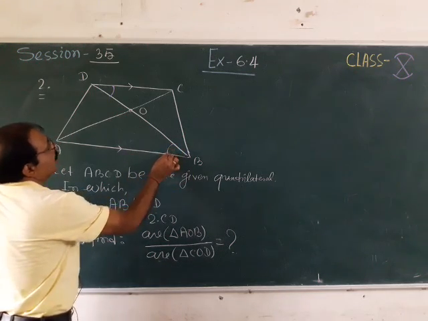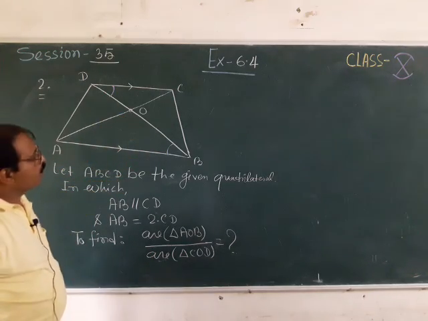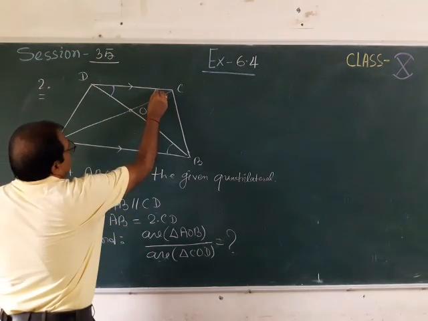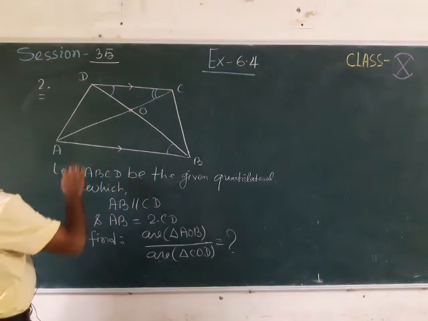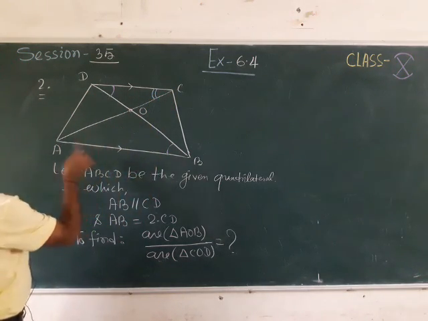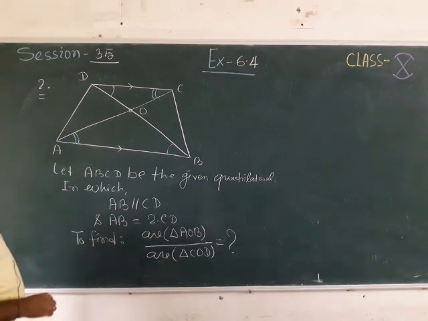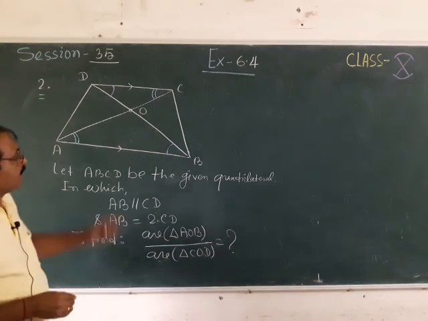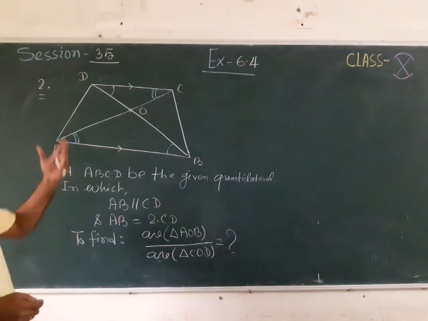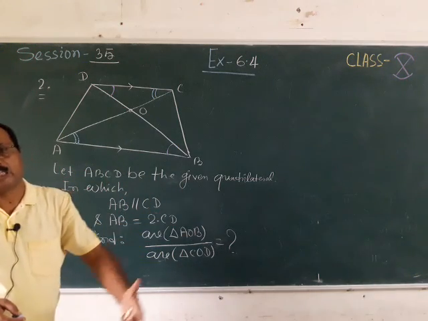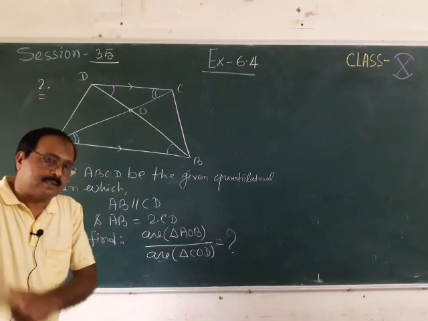Both are alternate interior angles, so these two angles are equal. Other thing is that angle DCO is equal to angle BAO. These two angles are also alternate interior angles. We know from the properties of parallel lines that when two parallel lines are intersected by a transversal, the alternate interior angles are always equal.